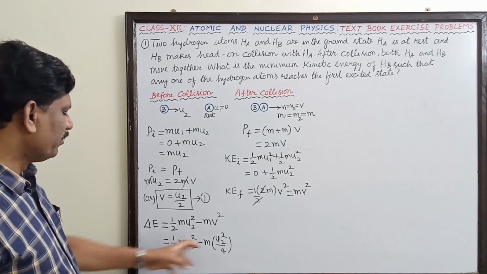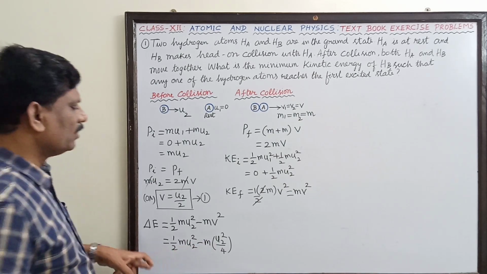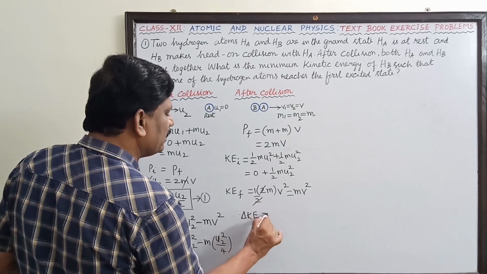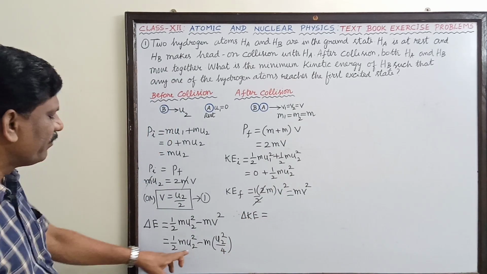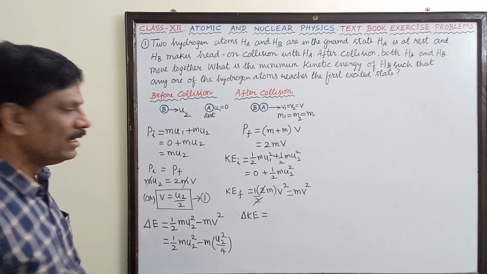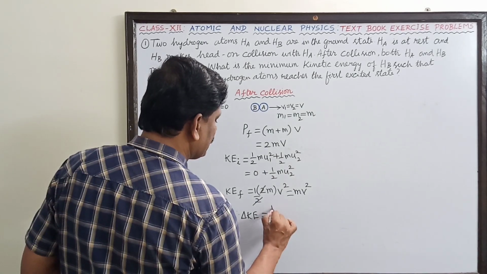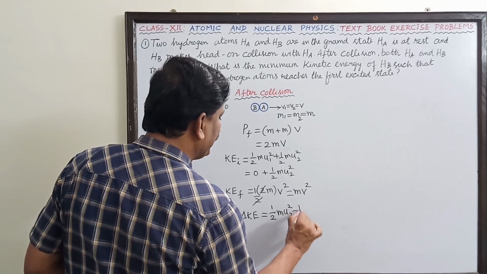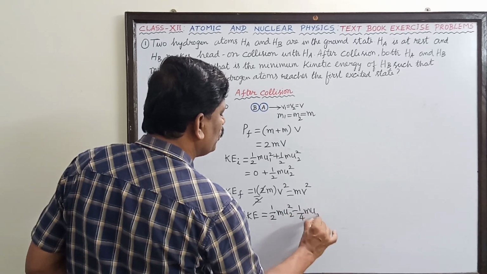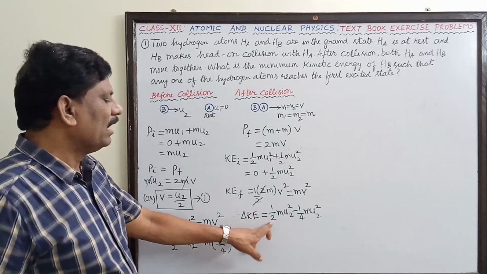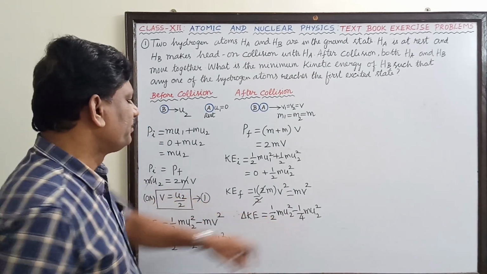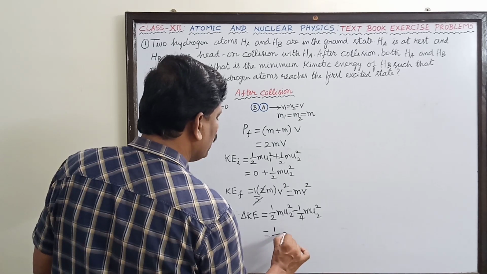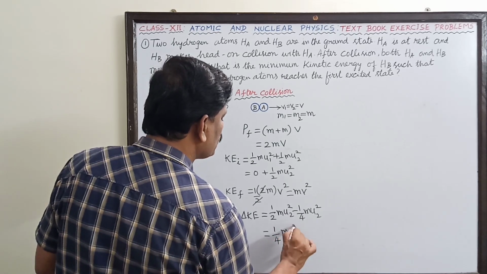Now if I take the LCM, therefore the change in kinetic energy is half m u2 square minus 1 by 4 m u2 square. So half minus 1/4 is 1 by 4. So this is equal to 1 by 4 m u2 square.